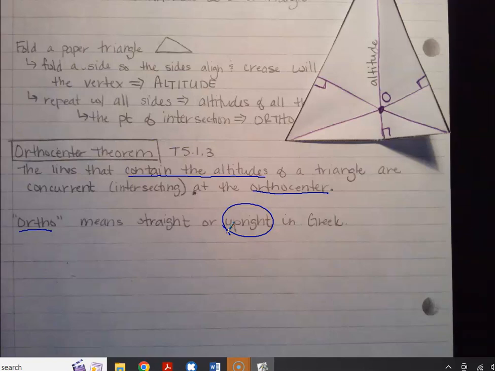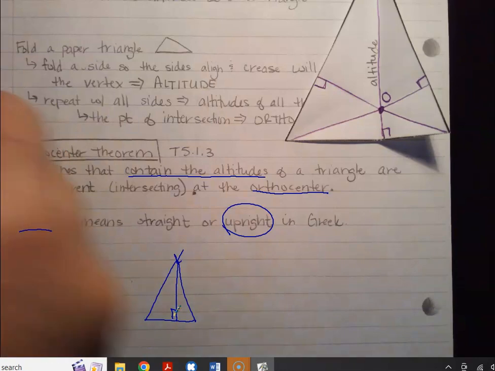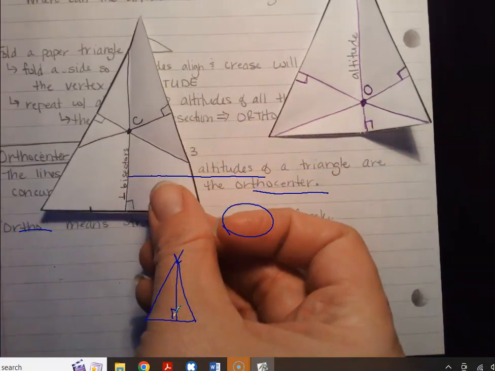An altitude is like a mountain, right? If you want to get to the peak of the mountain, you want to know the altitude to get there. So from the base to the peak is your altitude. Okay, those might help you remember those terms. All right, so you have two very different things here.